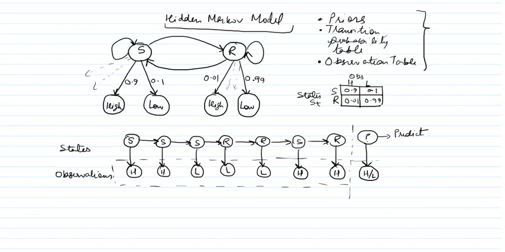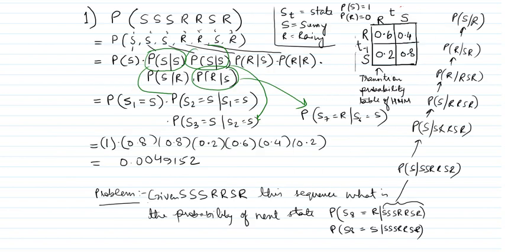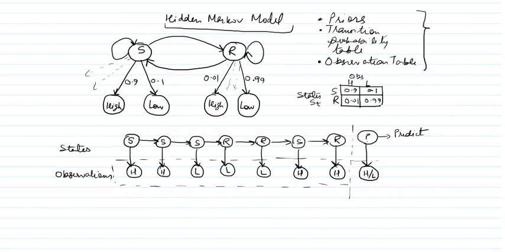Now this will again have 2 things. It will be conditioned on a set of states and on a set of observations, right? So this will be P of S given S S R R S R, H H L L L H H, right?